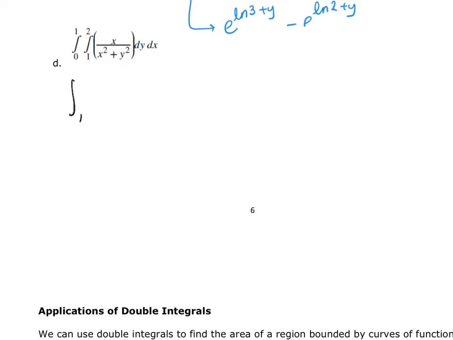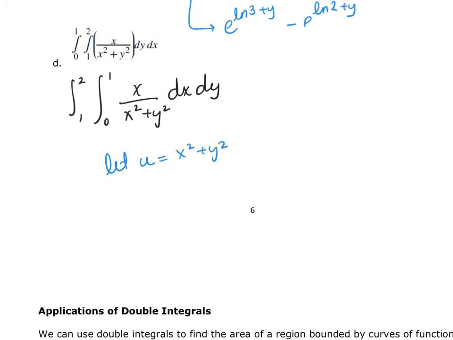So this will be the integral from 1 to 2, from 0 to 1, of x over x squared plus y squared dx dy. So then I say let u equal x squared plus y squared. du is going to equal 2x dx. That means 1/2 du is going to give me x dx.